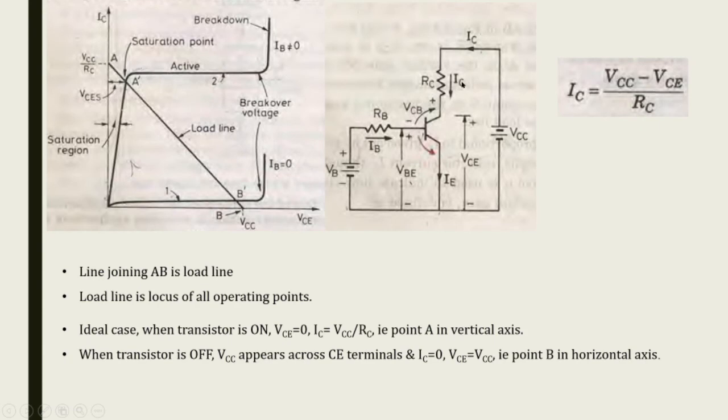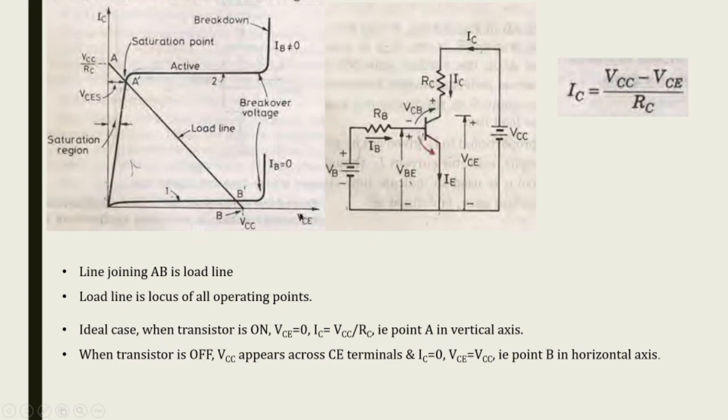IC will be 0 in the off state. So in the ideal case, IC equals 0 and VCE is equal to VCC, because there is nothing else at the input. So VCE equals VCC in the off state. Substituting in this equation, VCE equals VCC and IC is 0. So here VCE equals VCC, denoted as point B on the horizontal axis.